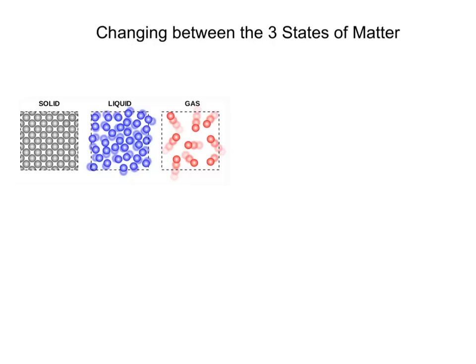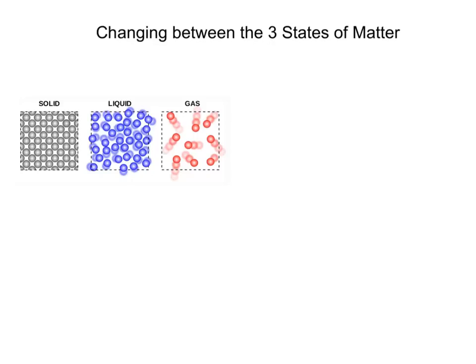And then with a gas, you can see those red particles have moved slightly further away. Then they don't have a fixed volume or a fixed shape. And there's a bigger distance between the two. So there is no fixed arrangement. They've started to spread out almost.